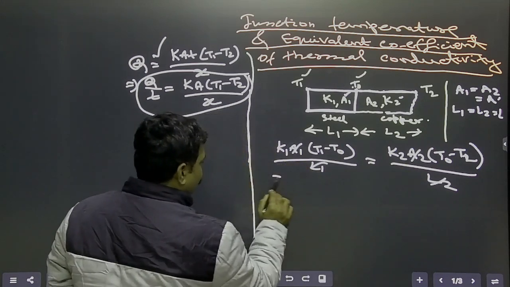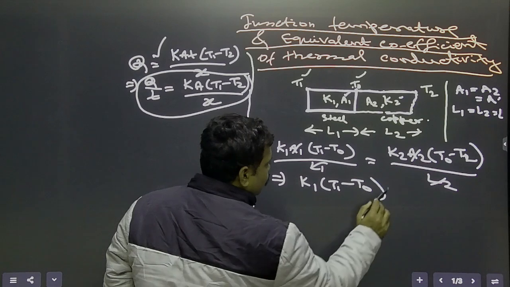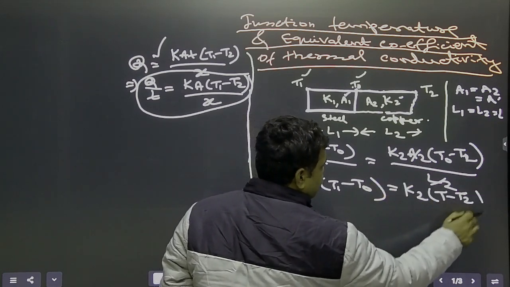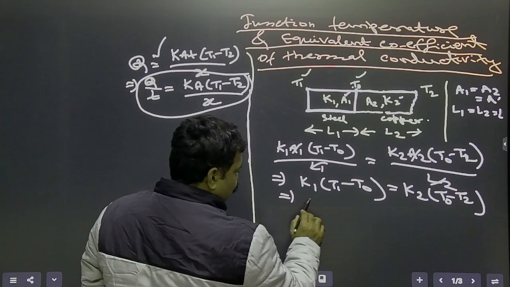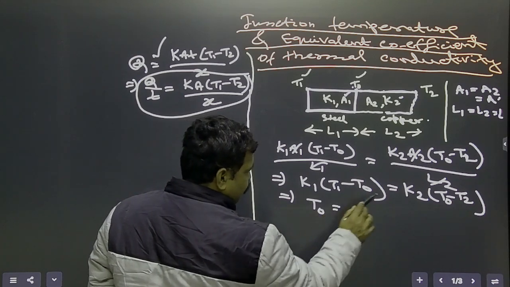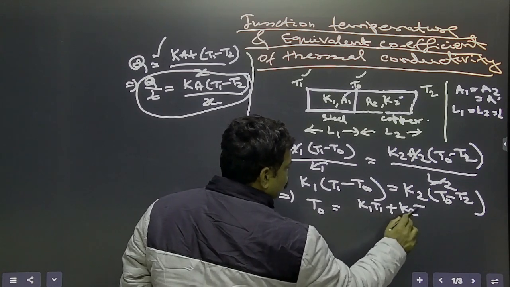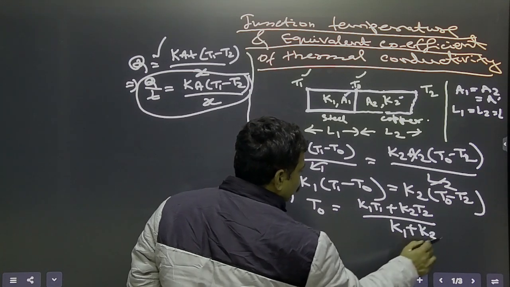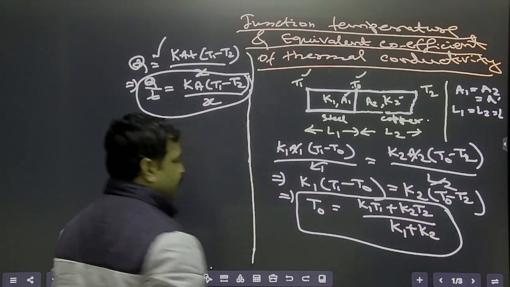So we find that K1 (T1 minus T0) will be equal to K2 (T0 minus T2). If we rearrange this, we find T0 will be equal to (K1 T1 plus K2 T2) upon (K1 plus K2). So this is the derivation for the junction temperature.